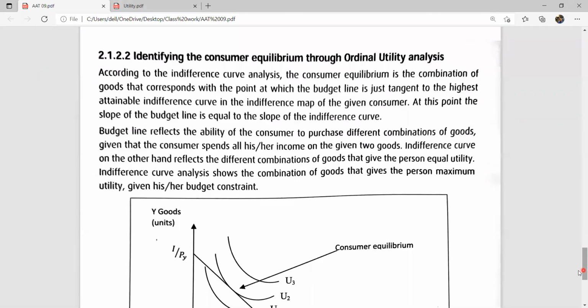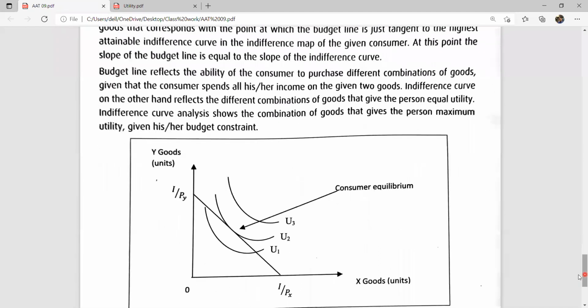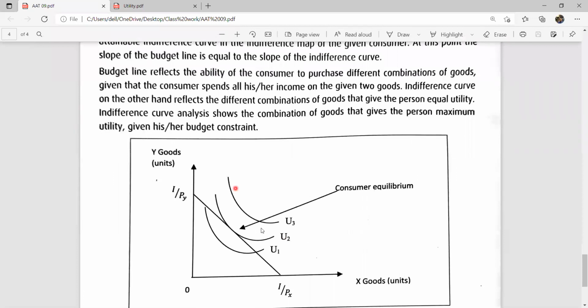So it says finally, according to the indifference curve analysis, consumer equilibrium is the combination of goods that corresponds with the point at which the budget line is just tangent to the highest attainable indifference curve in the indifference map. What does indifference map mean? More than one curve is drawn.